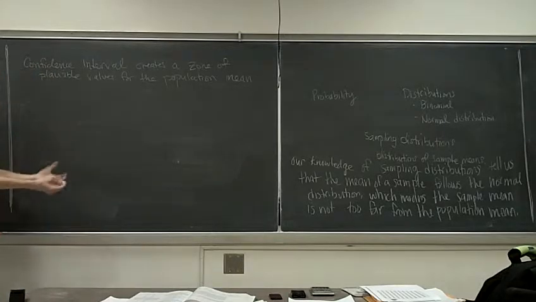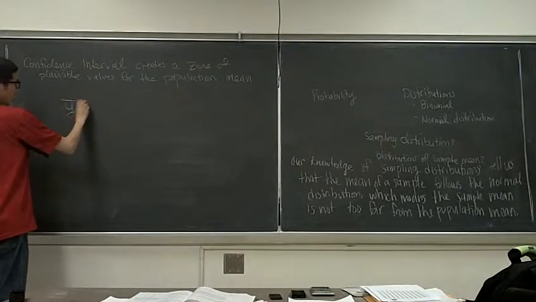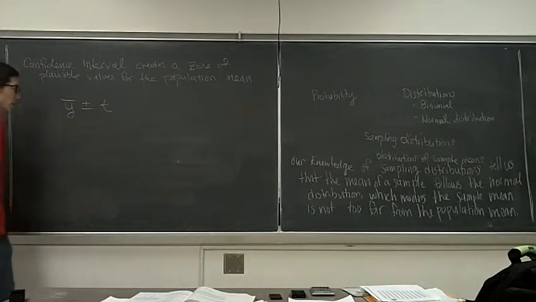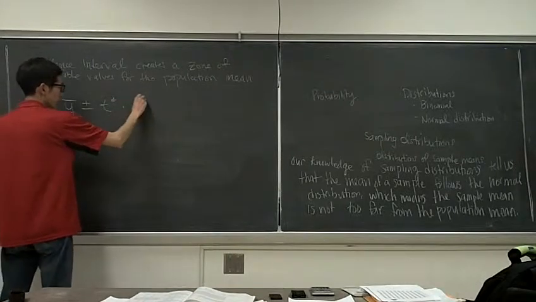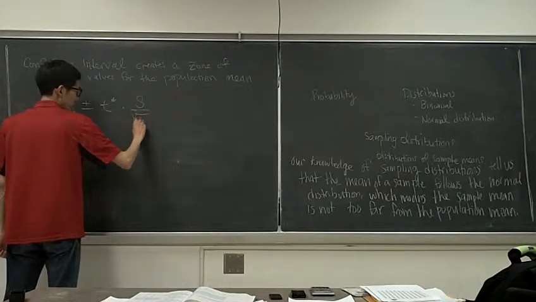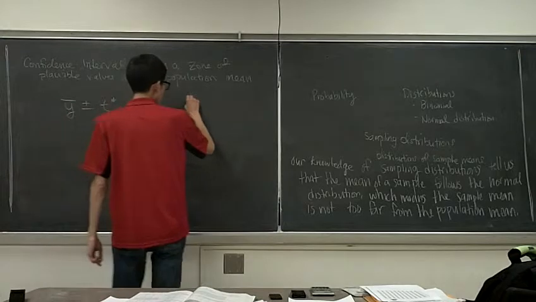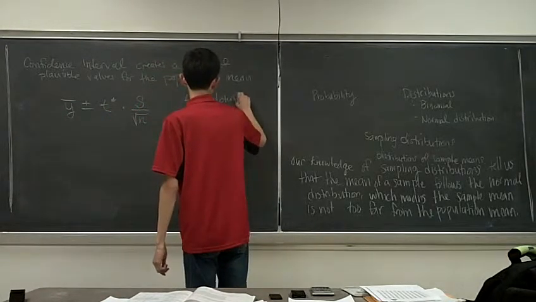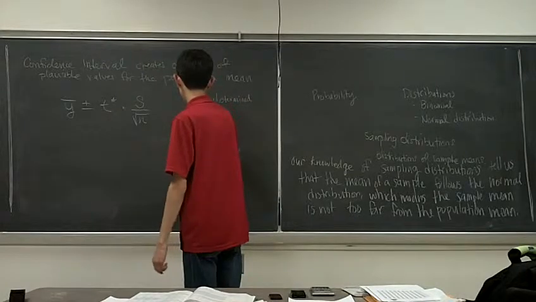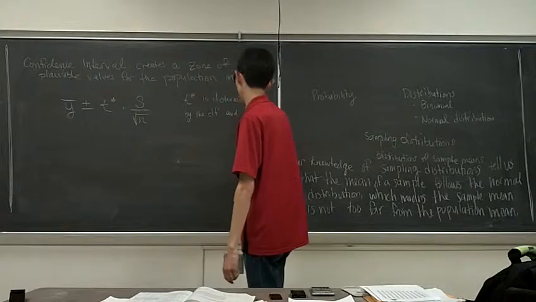So after all of those things, we got our confidence interval to be y bar plus or minus some critical value t star times the standard error, which is S over the square root of n. And t star is determined by the degrees of freedom and the confidence level.